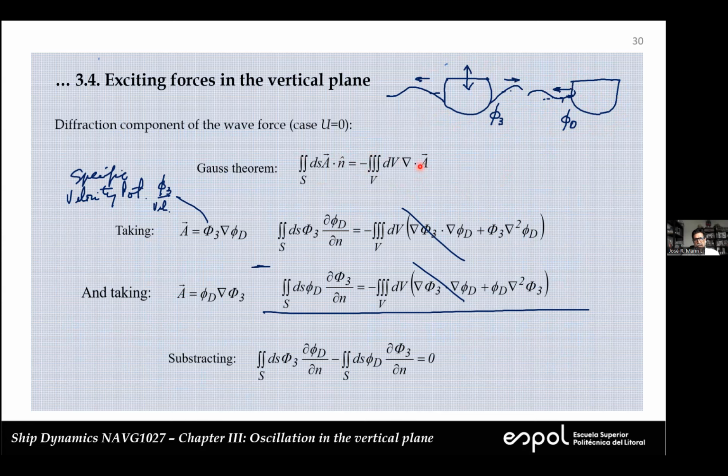This is the Gauss theorem that we reviewed in chapter 2. We apply the same theorem, but using these two functions. These are vector functions.